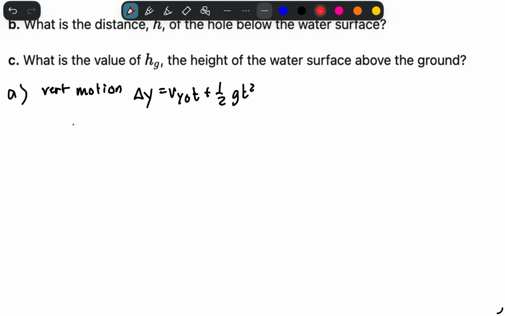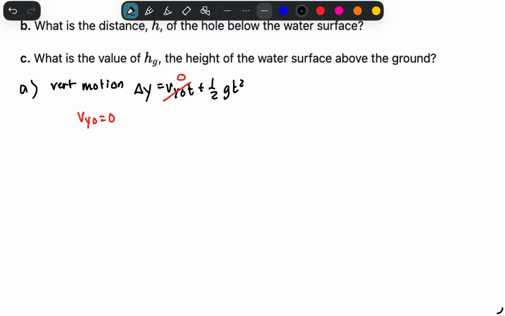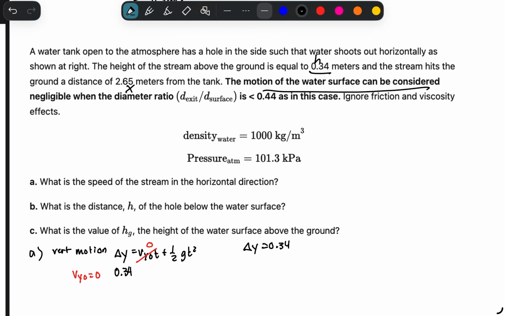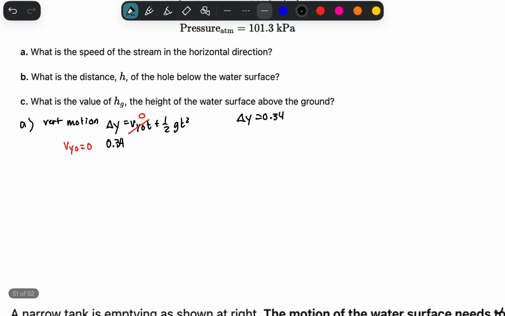Because vy initial is equal to 0, just like it was earlier, it's basically the same problem setup. We have a change delta y here of 0.34, so we can plug that in.